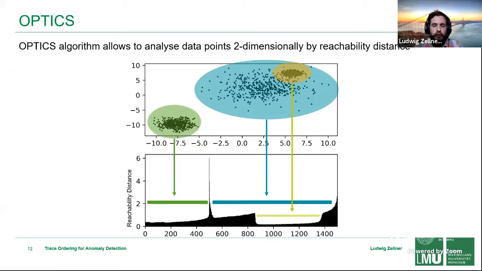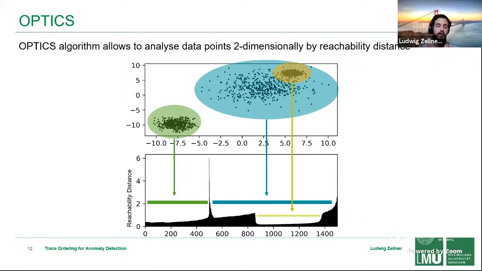So to further illustrate the algorithm, you can see some points here in two-dimensional space, which are analyzed regarding the density, and then they are plotted in a reachability plot. So the steps of the algorithm are first to decide for the reachability distance for each unprocessed point by taking the maximum of the core distance and the actual distance between 2 points.